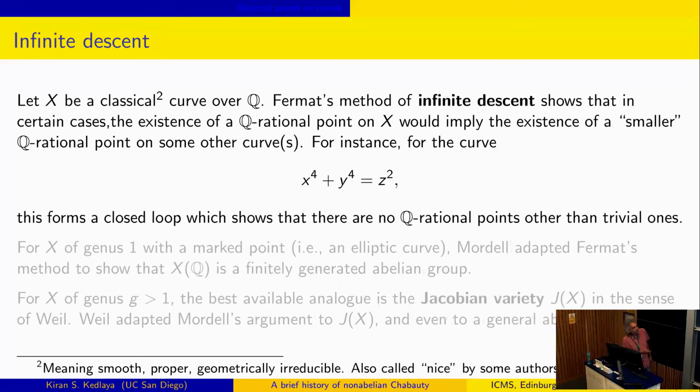But Fermat's method applies to this equation, which defines a genus 1 curve, and he shows that this curve has Mordell-Weil rank 0. It only has the trivial points that come from, for instance, taking x equals 1, y equals 0, or x equals minus 1, y equals 0, and so on.